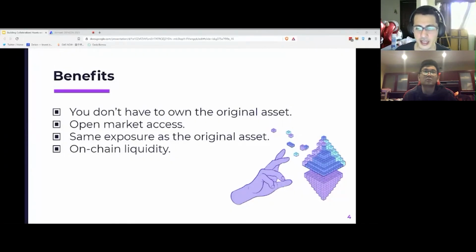So this brings a lot of benefits into the creation of these instruments. The first one is that you don't have to own the original asset, meaning you don't have to buy gold and have gold in your house or your bank. You can just buy digital synthetic gold. This opens the access to the market. So maybe if you are in the United States, you don't have these problems buying stocks, buying gold, buying whatever you want.